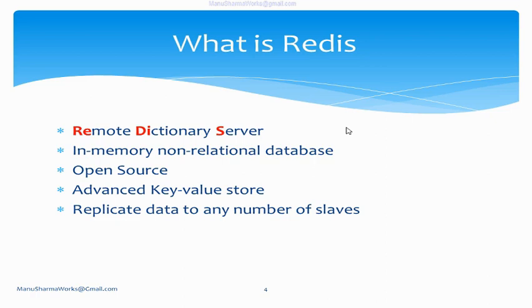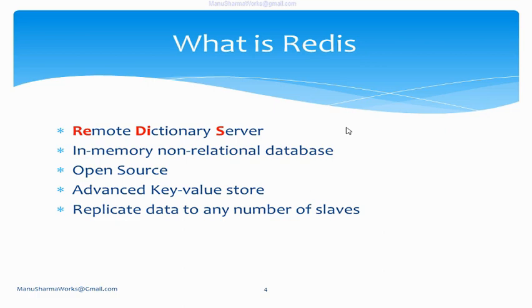It can have a master-slave architecture, so we can scale out Redis horizontally to different slaves. There is one master and multiple slaves, and data can be replicated to any number of slaves. And the most important thing is the data is persistent. It can be used as a cache, but in other cache databases, data cannot be persisted on the disk, whereas in this case it can be saved to the disk.